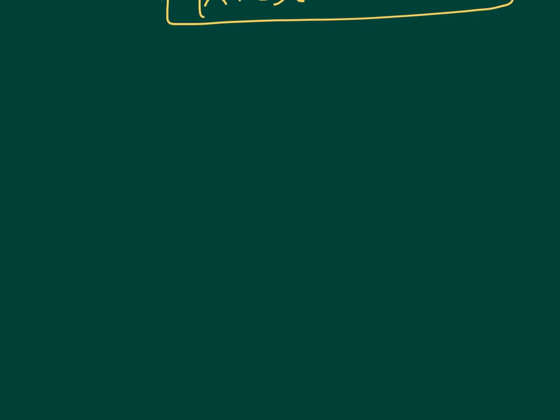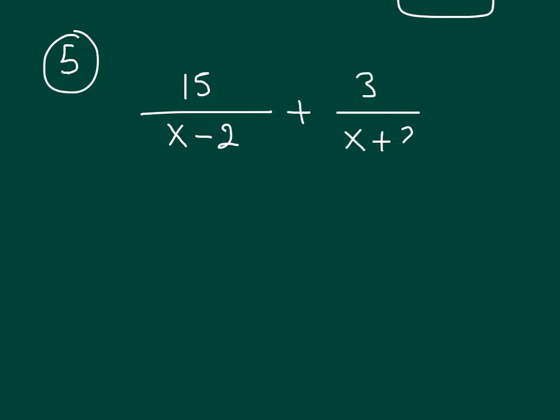Next we're going to go to number 5. For number 5, we have 15 divided by x minus 2, plus 3 divided by x plus 8. Alright, now we have to look at these factors. Since they're already prime, that means you cannot factor them.